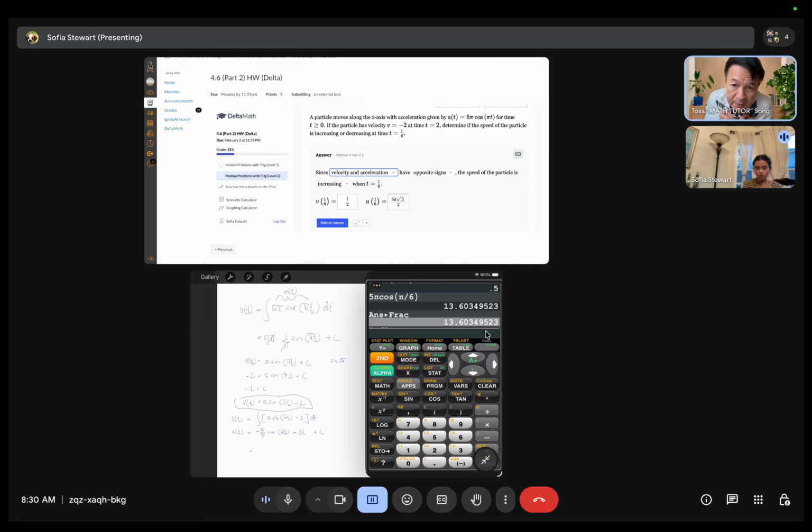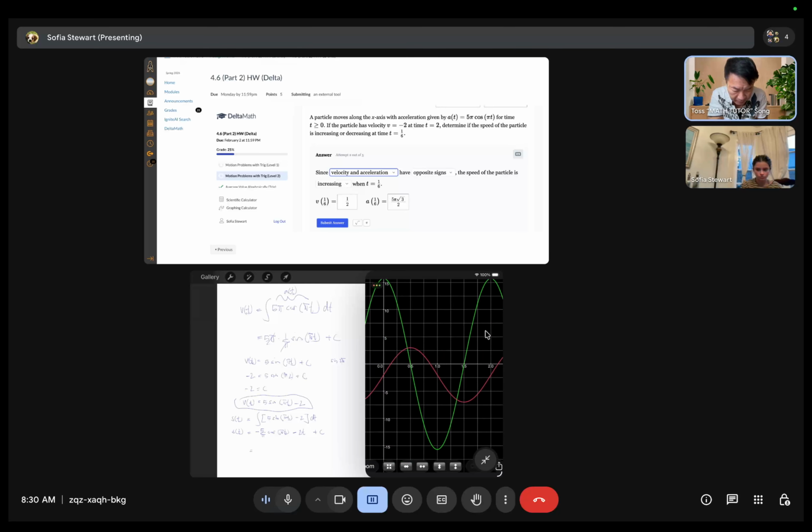Determine if the speed of the particle is increasing or decreasing at that time. I think they're talking about at 1/6, at pi over 6. Look at the graph again.